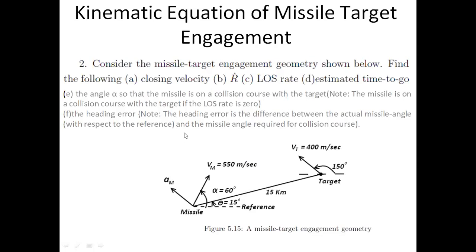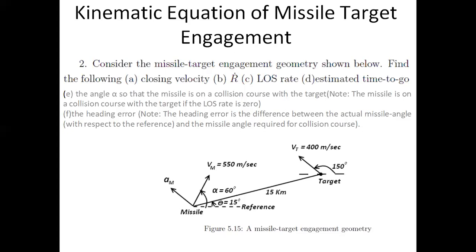So these are the questions asked based on the kinematic equations. The two general kinematic equations are required to find the lateral acceleration signal. For the lateral acceleration signal, we again need to know which guidance law we are using, and based on the guidance law, we will integrate these equations to arrive at the required lateral acceleration.